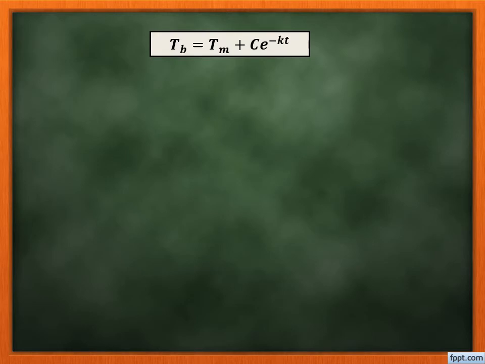For solving any temperature problem or any Newton's cooling law problem, we will use that the temperature of the body is equal to the temperature of the medium plus C e raised to negative kT, wherein to attain the general solution or the mathematical model for the problem, we also need to solve for C and K, like for decomposition or growth rate.